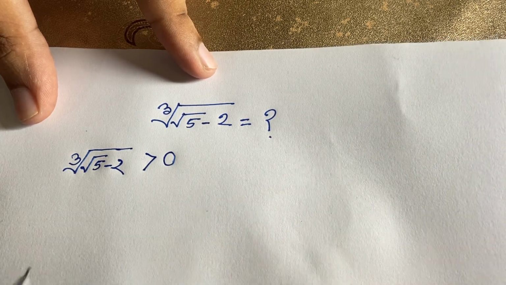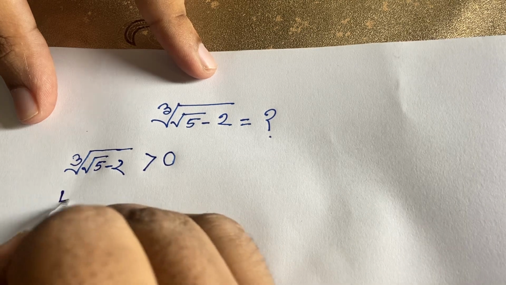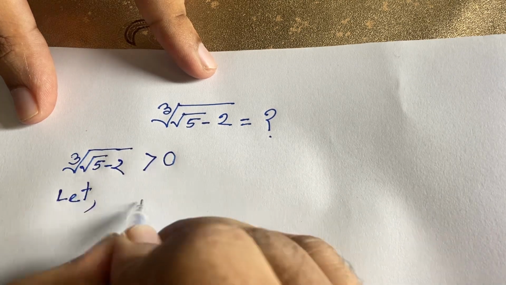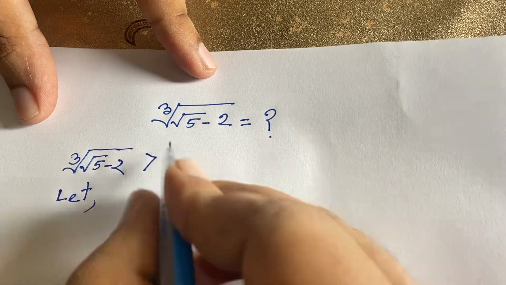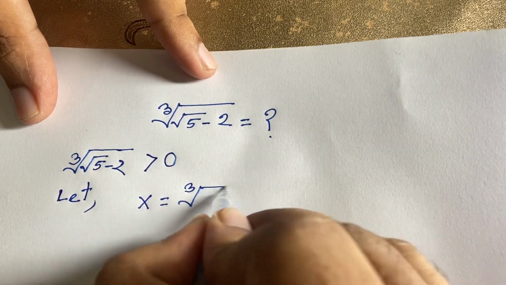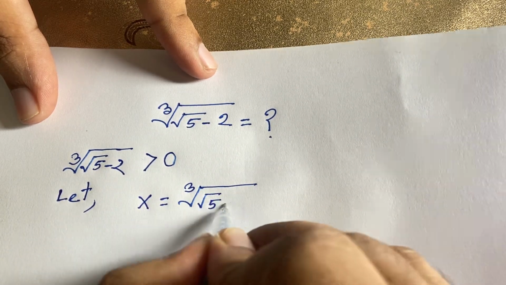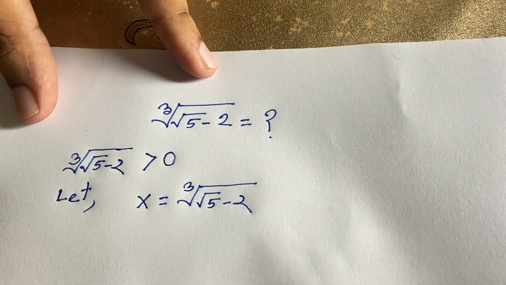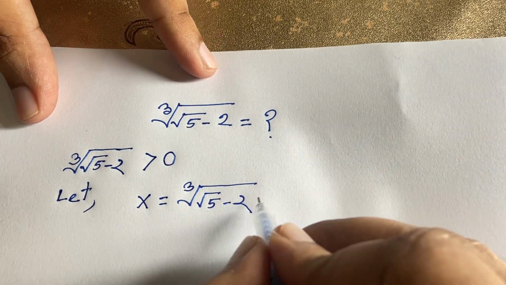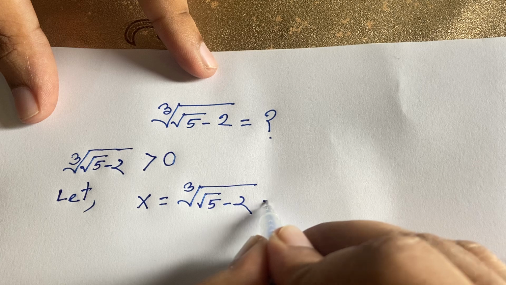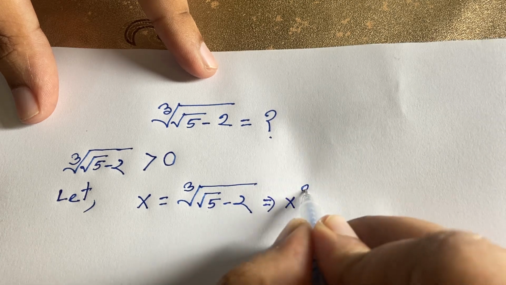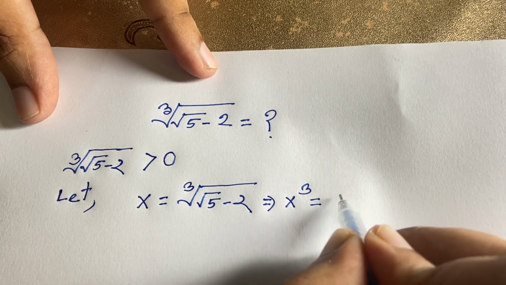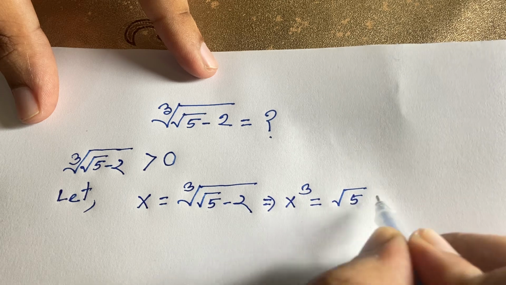So first of all we'll let x equal the cube root of square root 5 minus 2. Then if I cube both sides, I can say easily x to the power 3 is equal to square root 5 minus 2.